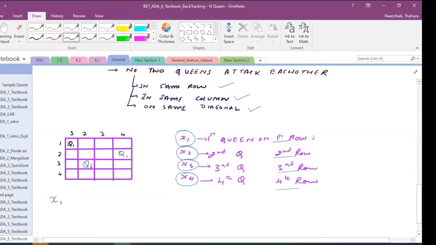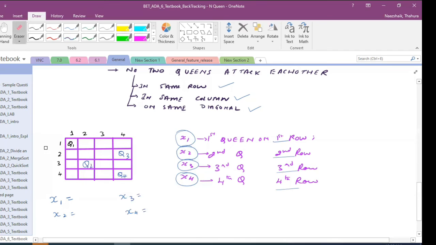This is not the actual solution, but I'm just trying to make you understand what the values of x will be. Can anybody tell what will be the values of x1, x2, x3, x4?